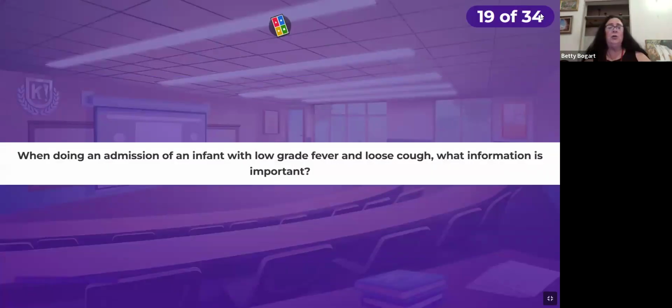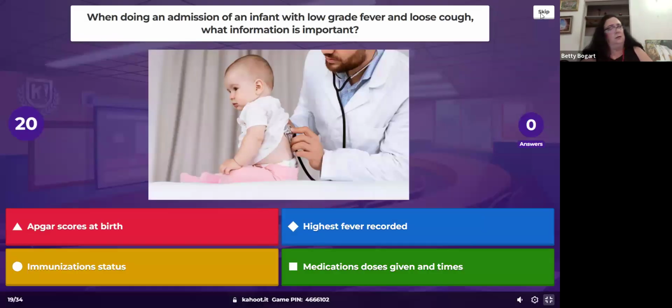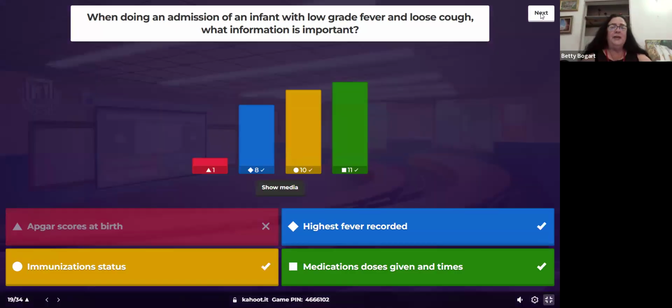When doing an admission on an infant with a low-grade fever and a loose cough, what information is important? So you're admitting a child, doing an admission history. What do you need to know? When you're admitting an infant, okay, they have a fever and a loose cough.